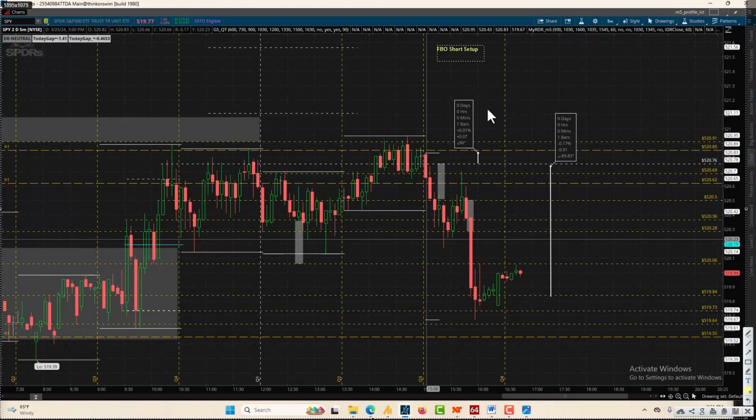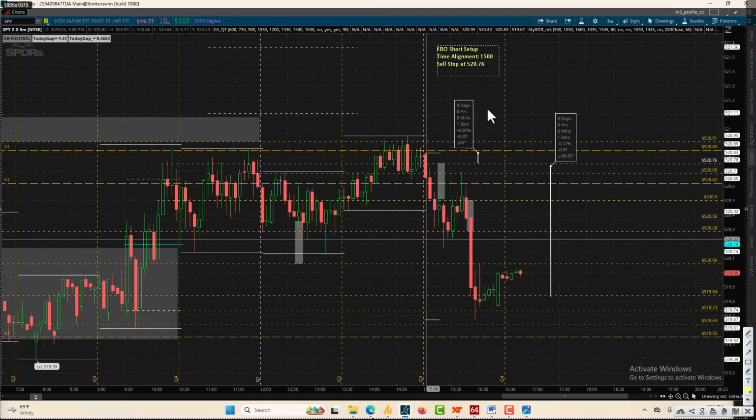So we have a time alignment, which is the 15 hour right there, and we put a sell stop at the level 520.76.